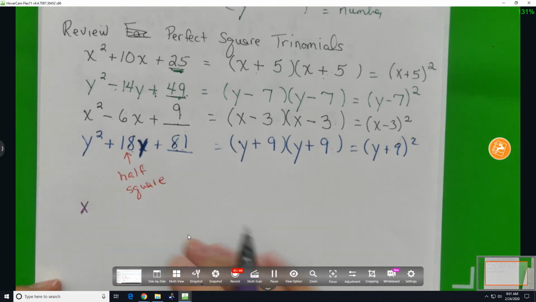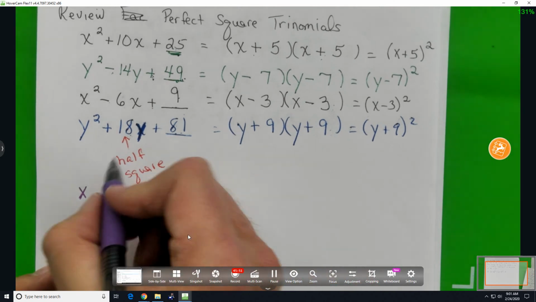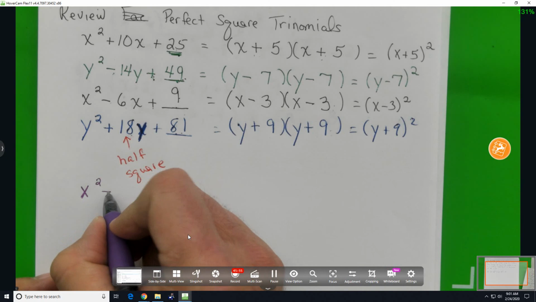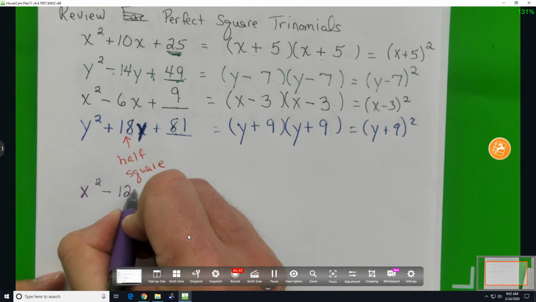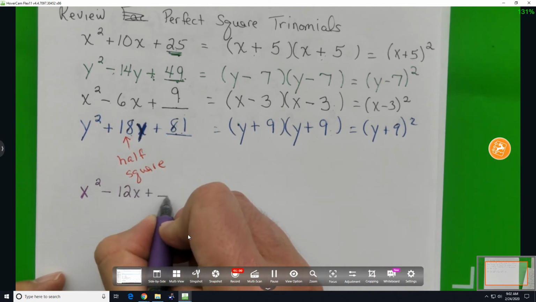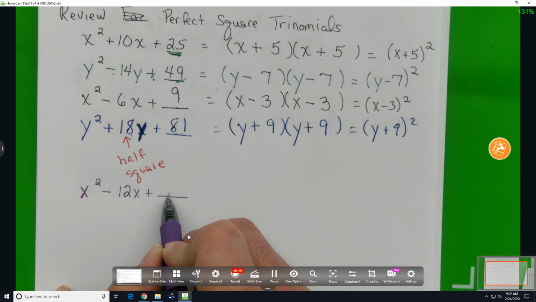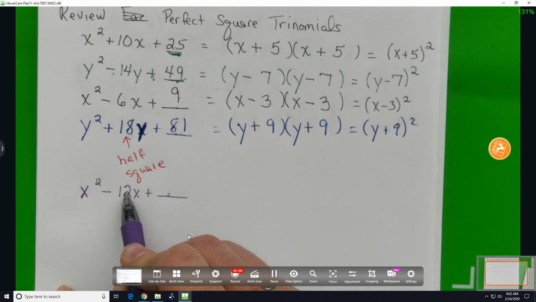Suppose we have x squared minus 12x plus. What number would need to be right here? 36. How did you get 36? You take half of 12 and then square it. Half of 12 is 6. 6 squared is 36.